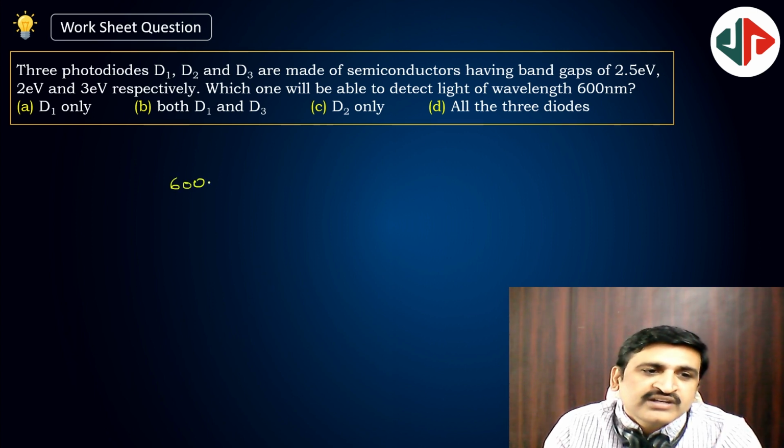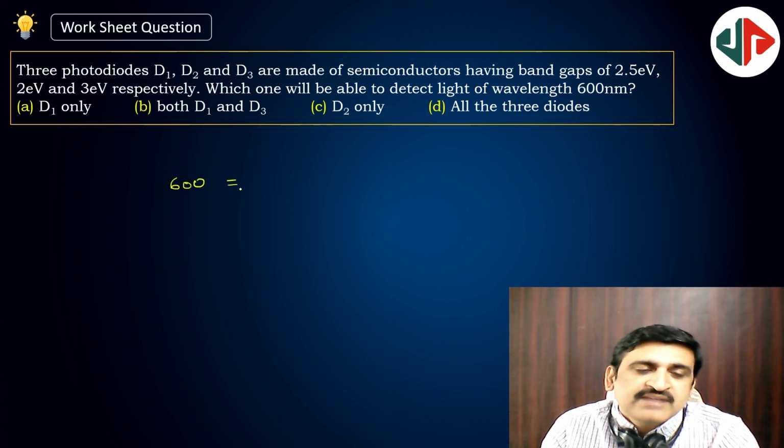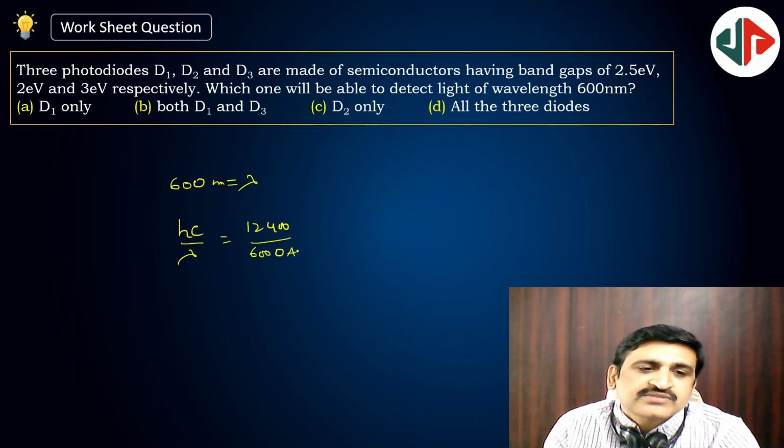600 nanometers means how much band gap energy? Hc by lambda is equal to 12,400 by 6,000, because it should be in angstroms. So that energy will come in electron volts.